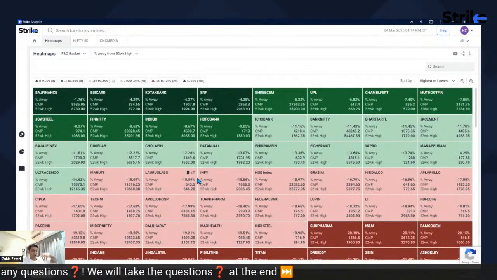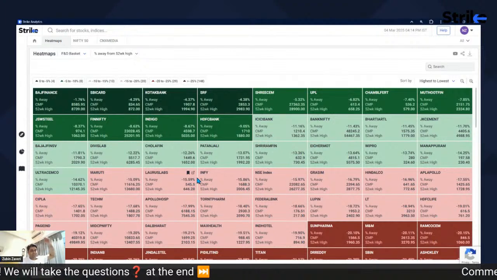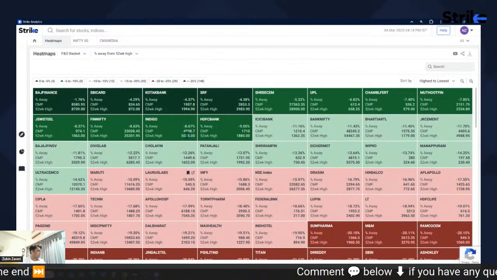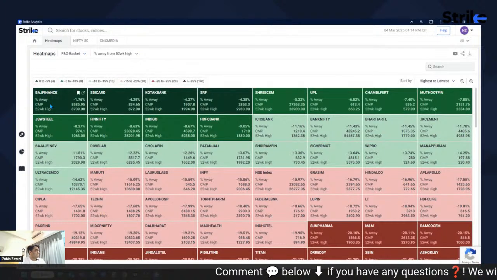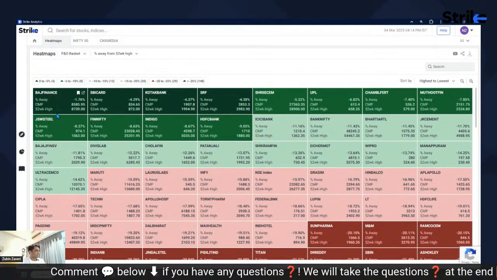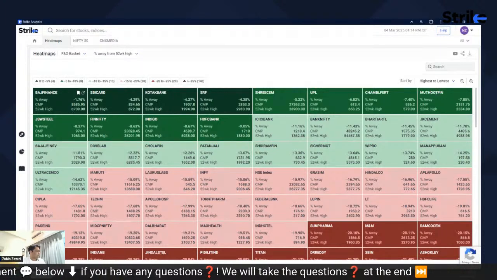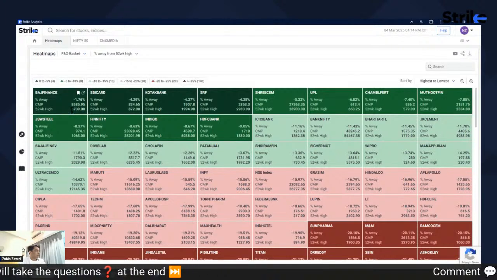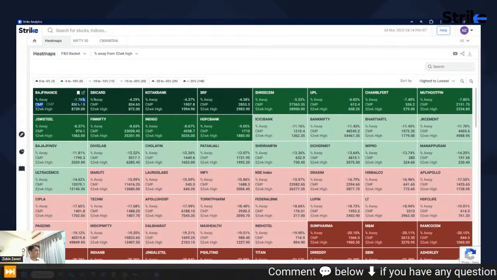So these are the stocks which have already hit their 52-week high, and from there they have gone down. Bajaj Finance is very near to its 52-week high. Its 52-week high was 8739, and the current price is just 1.76% away from 8739, at 8595.